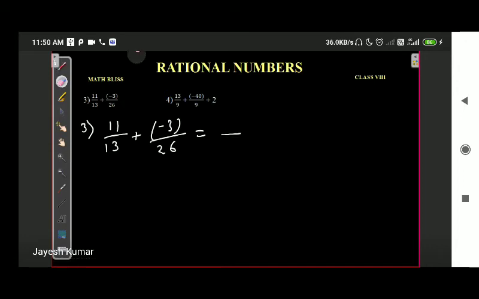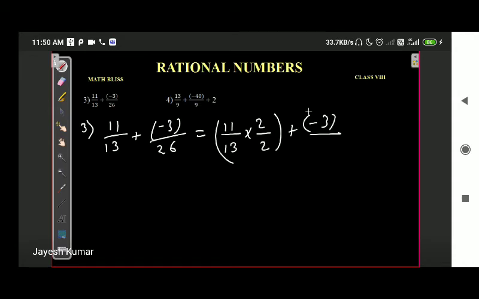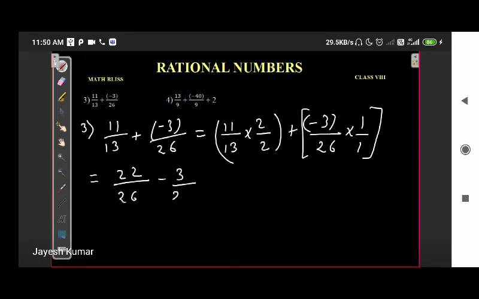So I need to make the denominator 26. What should we multiply with 13 to get 26? That is 2. And what should we multiply with 26 to get 26? That is 1. So this will be 22 upon 26 minus 3 upon 26.